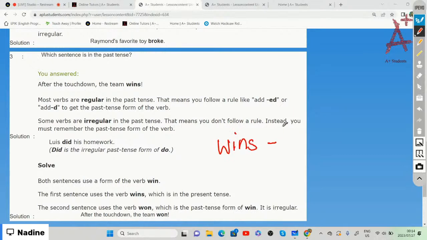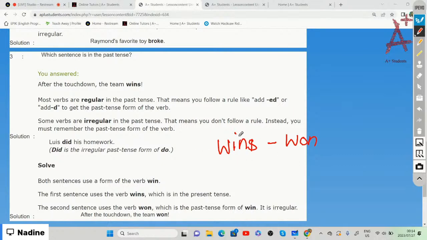Wins or win is now. But the past tense form of win is won. So the past tense form of win is won.